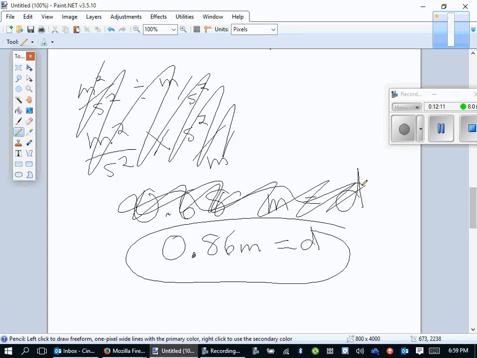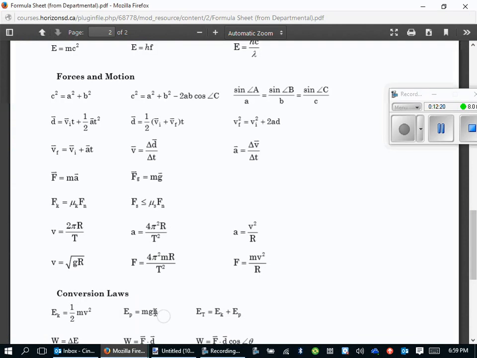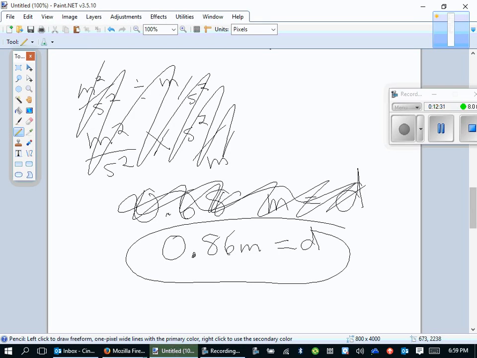Second part of the question said, okay, solve for the time. So I need to go shopping for a formula that has time in it. And the formula that I see right away is right here. V final equals V initial plus acceleration times time. So let's use that.